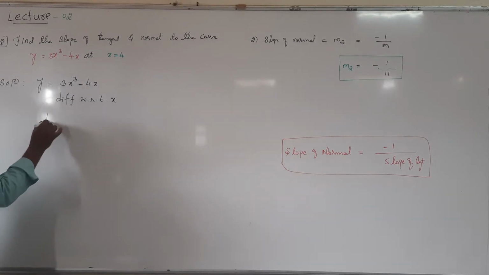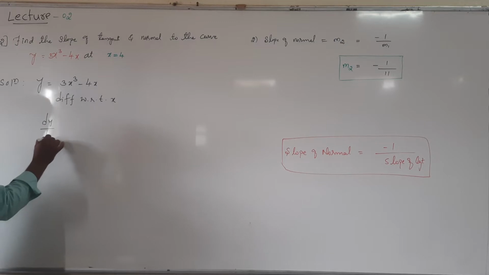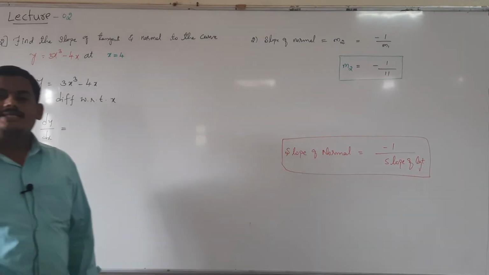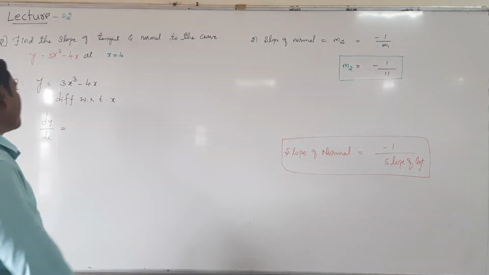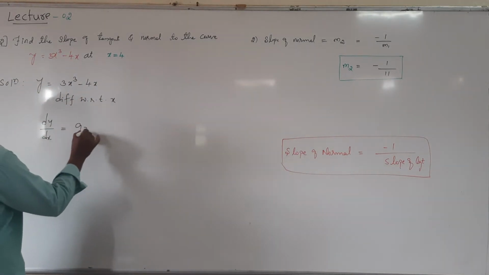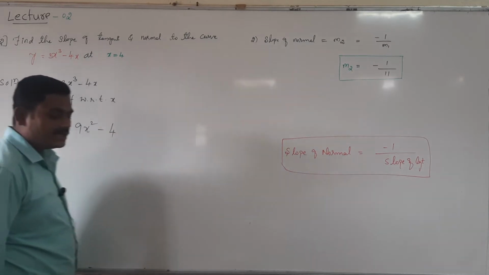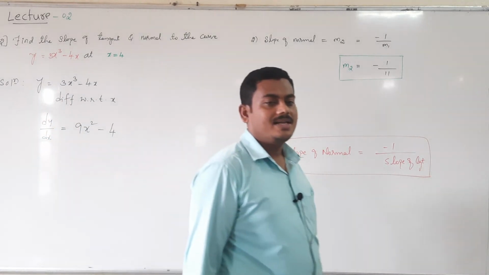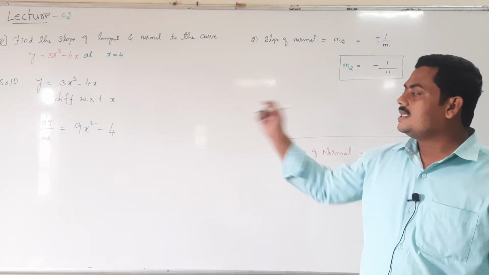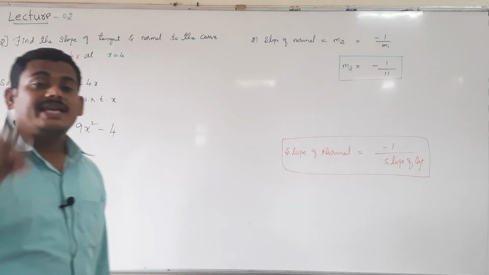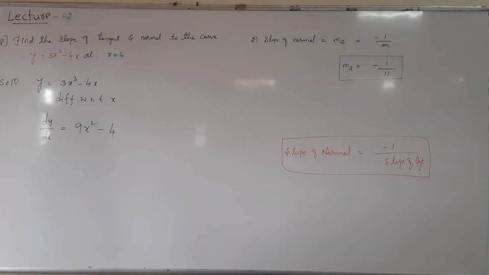On differentiating y with respect to x, it gives dy by dx. 3 constant remains as it is, x cube differentiation is 3x square, so directly I will write 9x square minus 4. This is our dy by dx. After differentiating, put the given point, it gives the slope of the tangent.